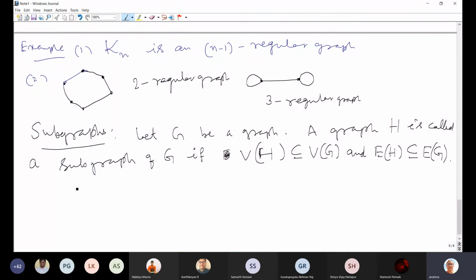Consider this graph. Suppose I draw this graph.